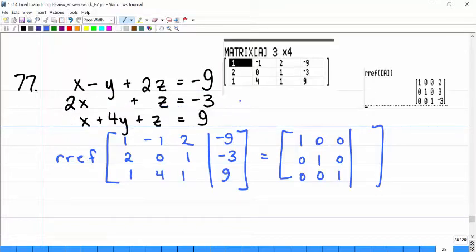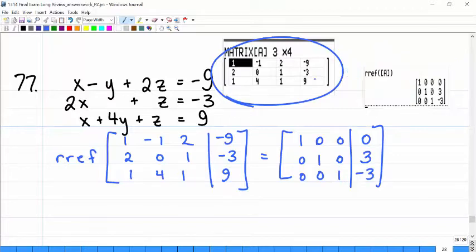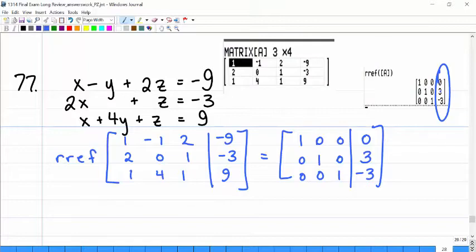I type that matrix into my calculator, and I do RREF of that matrix, and this is what comes out. So I have 1, 0, 0, 0, 0, 1, 0, 3, and 0, 0, 1, -3. Again, what's important on my calculator is this column, 0, 3, -3. So my solution is the ordered triple 0, 3, -3.